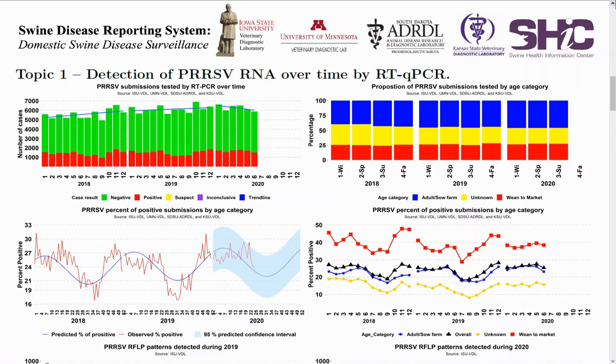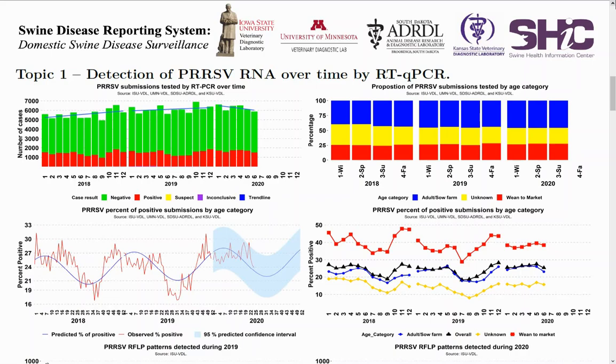The way that it works is in a scenario where an epidemic agent is introduced into a naive population, the most reasonable approach is to collect samples and submit for testing for those agents that we know are present in the population and have a clinical presentation similar to a new epidemic agent. As more animals get infected, the need for testing requests may increase. And with this increase in testing, we are going to get negative results for the already endemic agent.